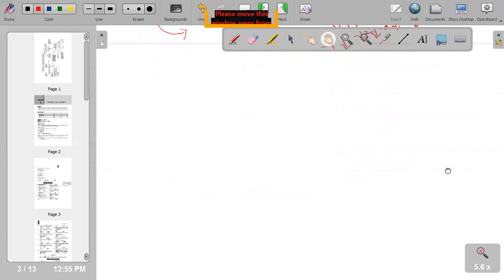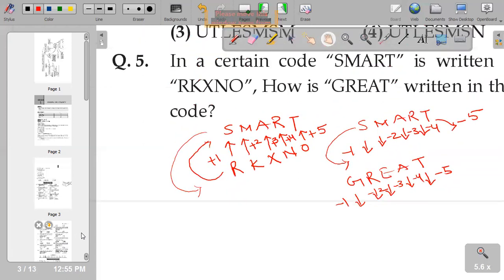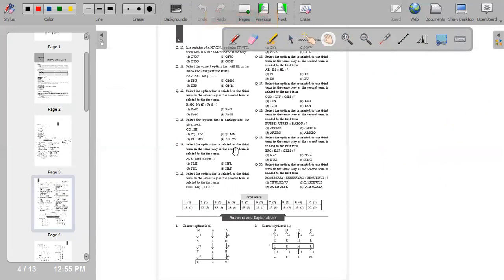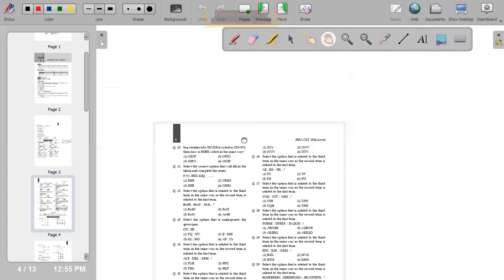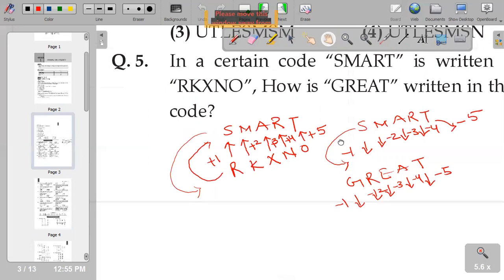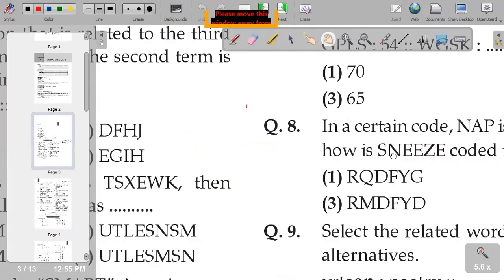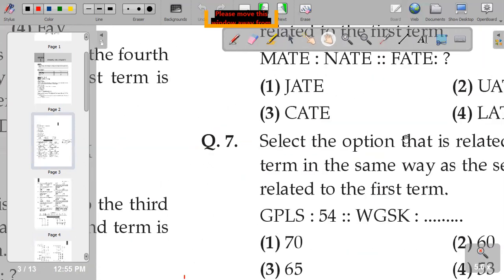So here the options will be given, perhaps in the next page, oh sorry, in the other half, the options are given.